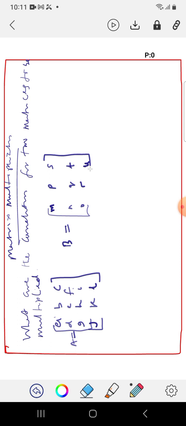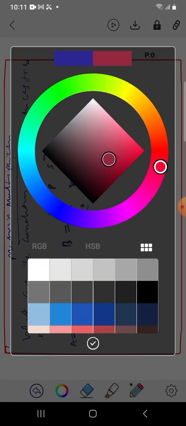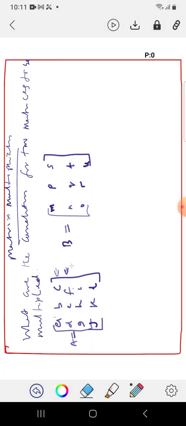Now let's look at the dimension of these two matrices. If you look at this first one, it has how many rows? It has 4 rows: R1, R2, R3, R4, and then you have C1, column 1, column 2, column 3.